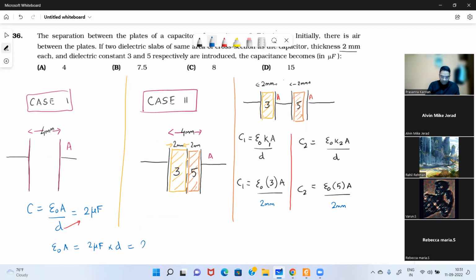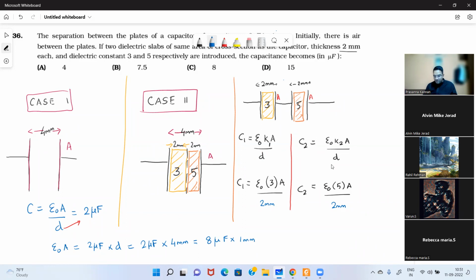What is D in the original plate? 4 millimeters. So what is it going to be? 8 microfarad into 1 millimeter. Correct?